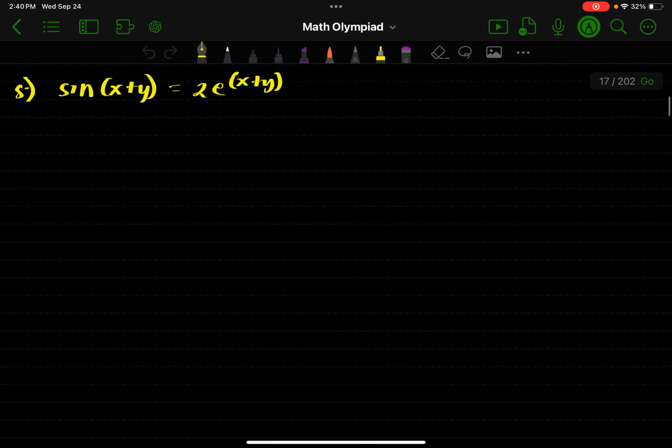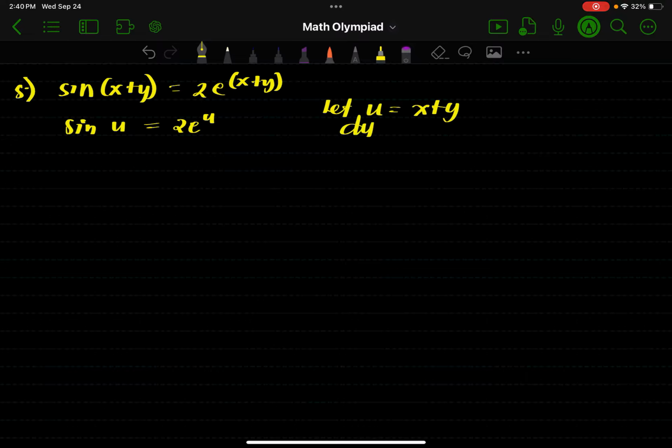Number 8. Let's apply the chain rule. So we can write the equation as sine u equals 2e raised to u. We let u equals x plus y, and the derivative of u is 1 plus y prime.